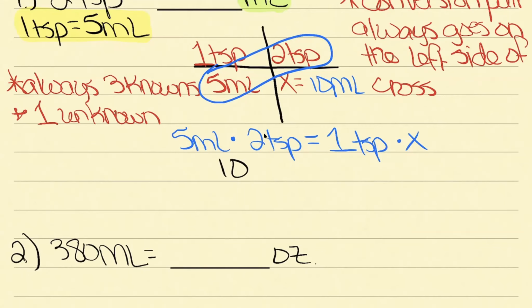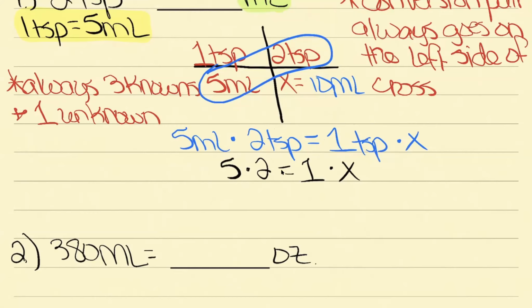What just popped up, sorry. But normally I don't put it because it looks confusing. So I'll write it again. I'll say 5 times 2 equals 1 times X. Because we should know that our answer is going to be in milliliters. But the reason why I put the units is so that we know what our answer should be in.